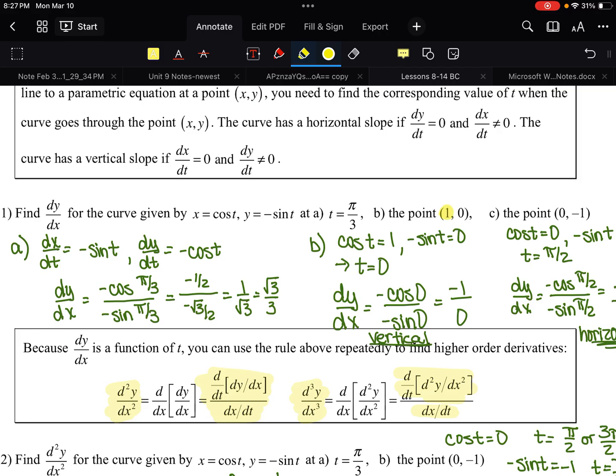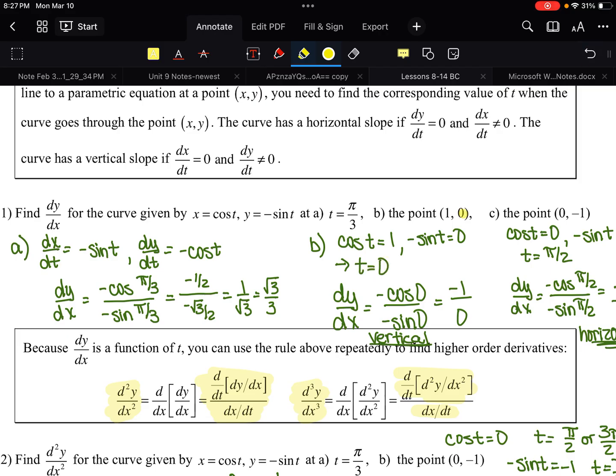When they told me that the x-coordinate is 1, they were telling me that cosine of t is equal to 1. So on your unit circle, when is the x-coordinate equal to 1? That happens when y is 0, or when the angle is 0. So cosine of t is equal to 1 when t is 0.